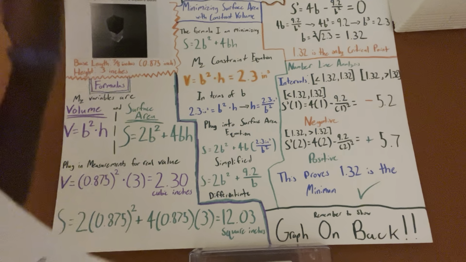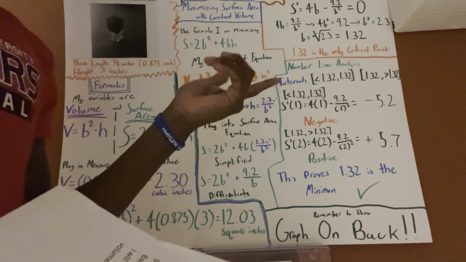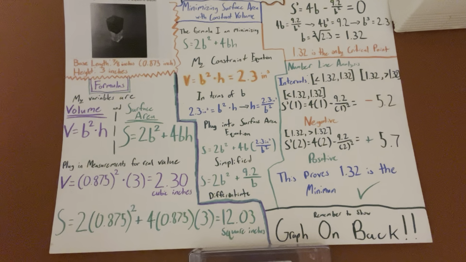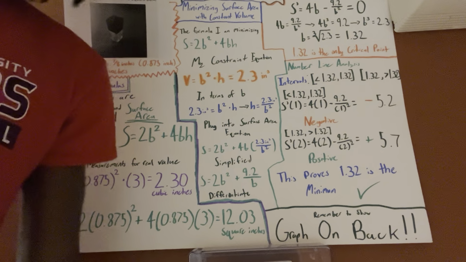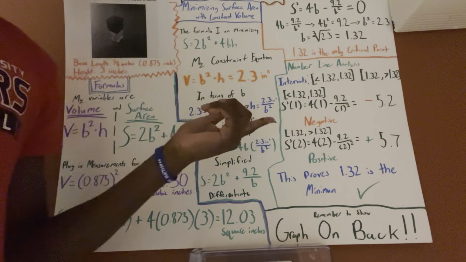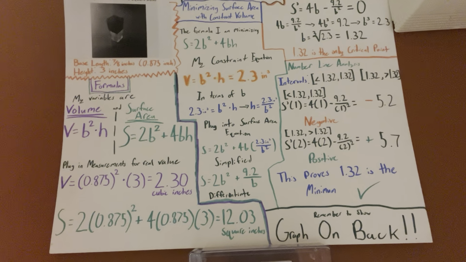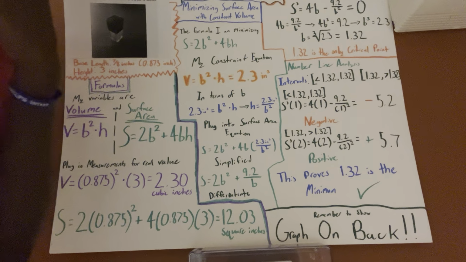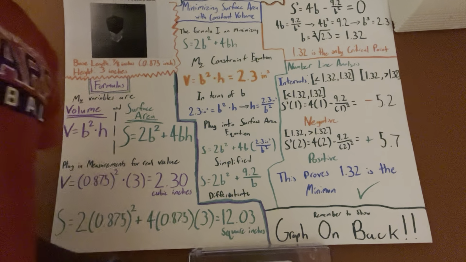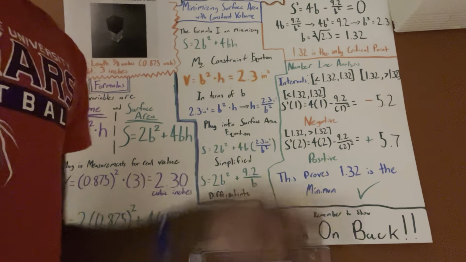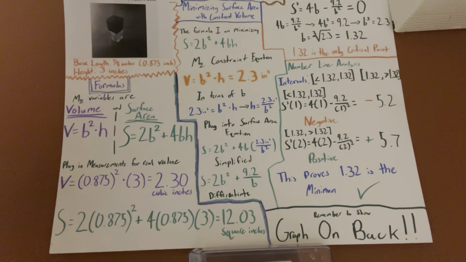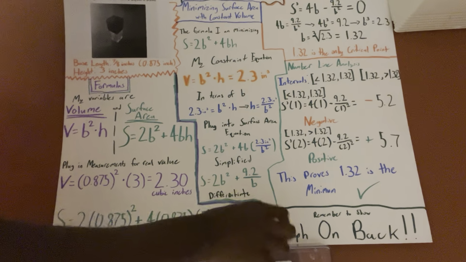So as you can see, it went from negative to positive, which means it was increasing. And that was the only critical number I had. So it proves that it was the minimum because it only increases from there. It doesn't go any lower. Yeah. So here I have my graph on the back.